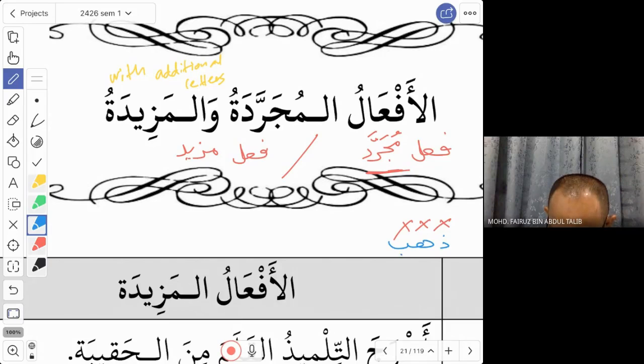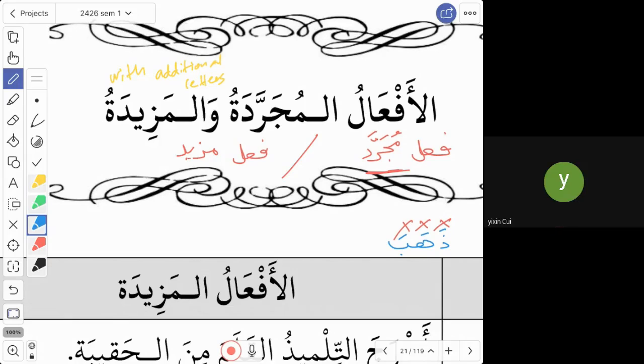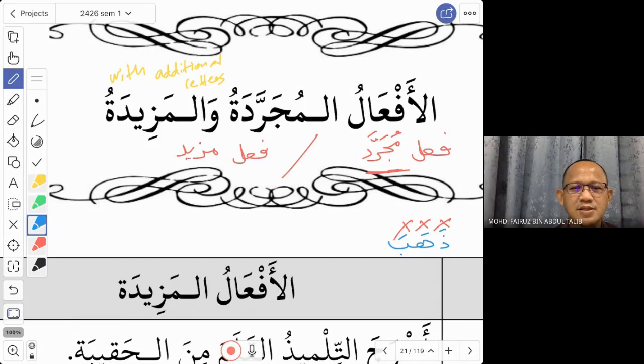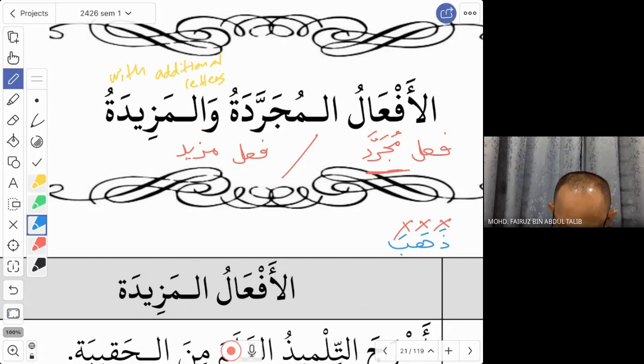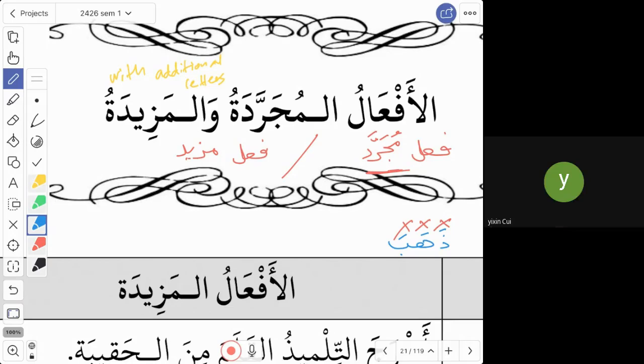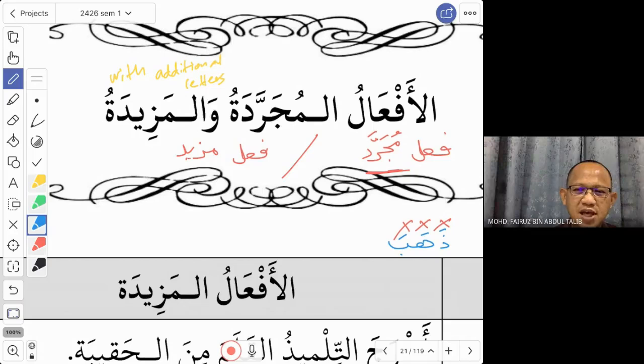So you have, for example, the fi'l zahaba. If you look at this fi'l, it contains 3 letters. And when it contains 3 letters, most of the time it is a mujarrad fi'l. So we say this is fi'l mujarrad. Why mujarrad? Why do we say these are all original huruf? Because you cannot remove any of these letters. If you remove zal, haba is a different word.